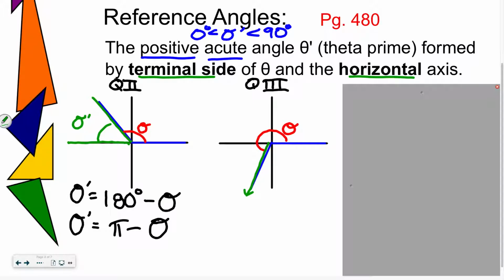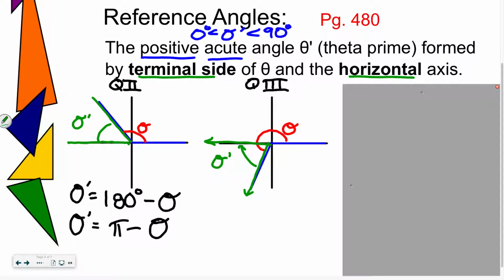So am I going towards the positive x-axis or the negative x-axis? Negative again, right? You'd want to go back to the left. That way, this angle that you form right here, theta prime, is going to be small, it's going to be acute. If you went back to 360 degrees, then you're going to be over 90, and that's not acute.